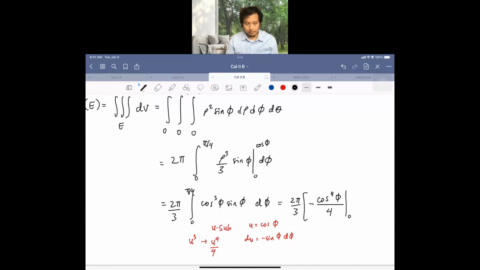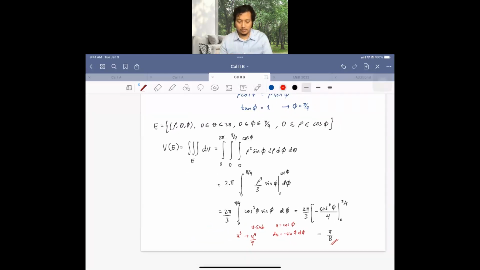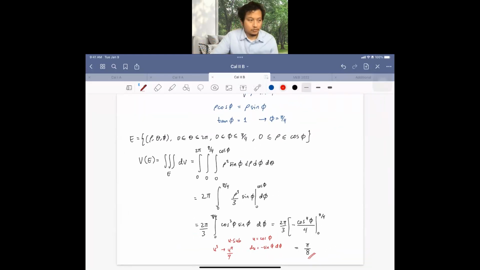Then plug in 0 to pi over 4, and this is going to give pi over 8. That's the one example on the sphere.